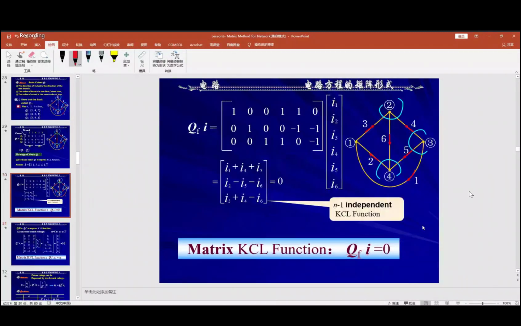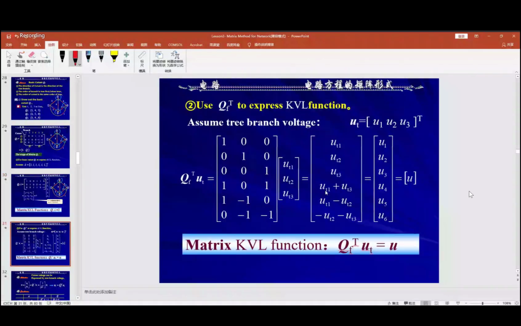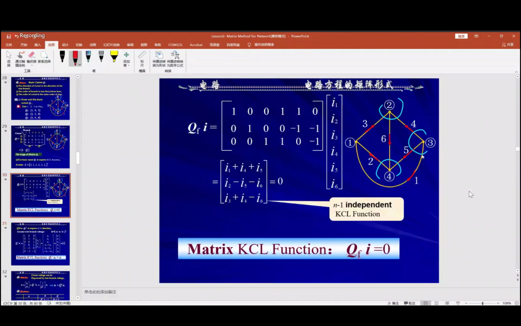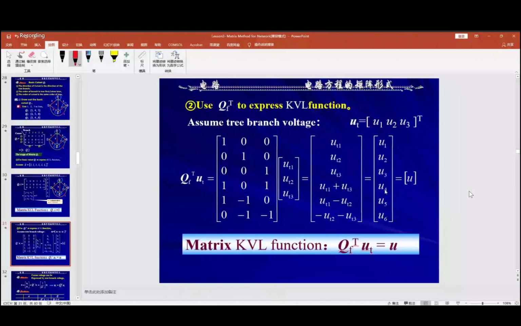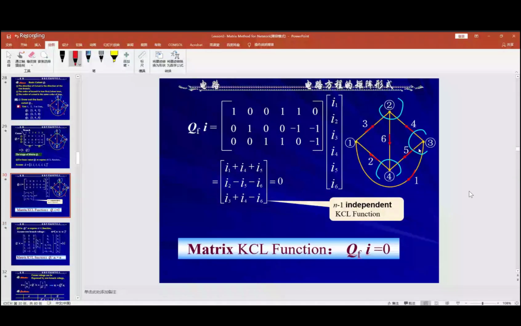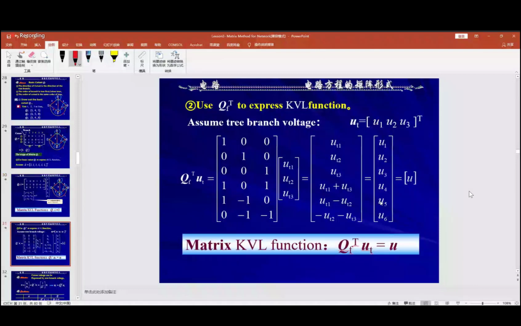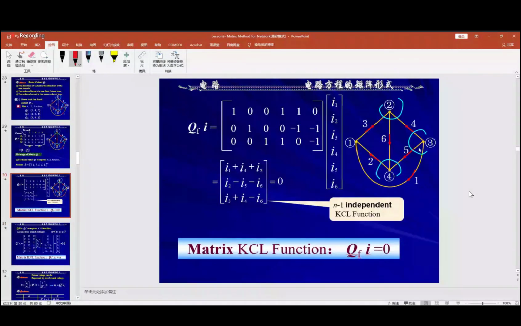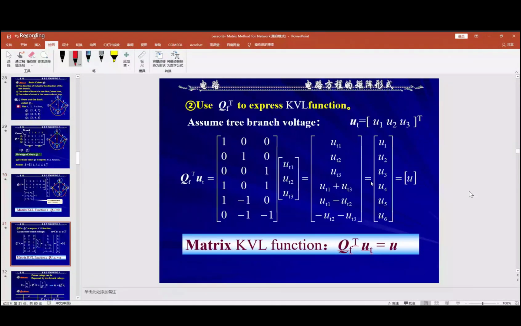Let's go back. In this circuit, we can find UT1 plus UT3 is just U4, because 1, 3, 4 form a loop. And for U5, UT1 minus UT2, 1, 2, 5 form a loop also.